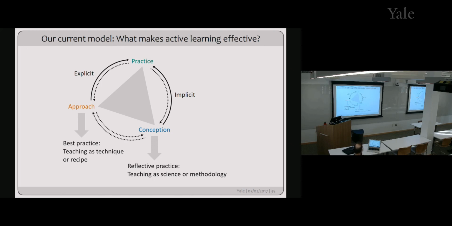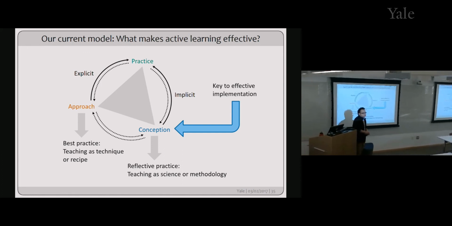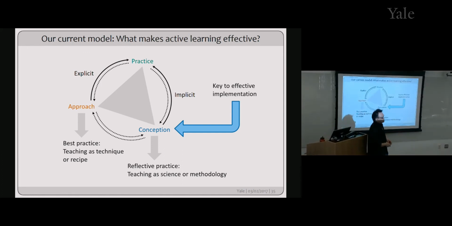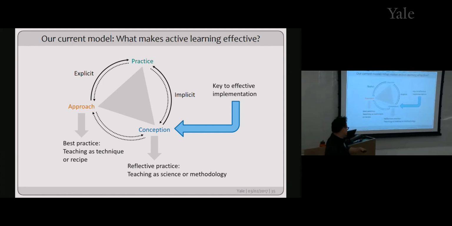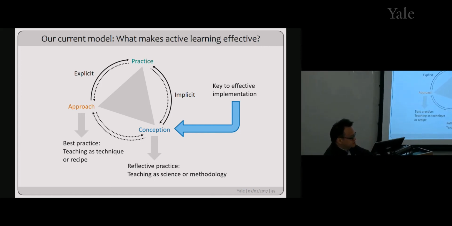Whereas if we focus on the conception, it's really getting people to reflect on their teaching as a science or methodology with underlying principles. Then whatever they do will be informed by a deeper understanding of how people learn. So what we think is that the conception is really the key to effective implementation. And that's potentially why we're seeing the persistent literature on how active learning doesn't quite work at large scale or in the wild.